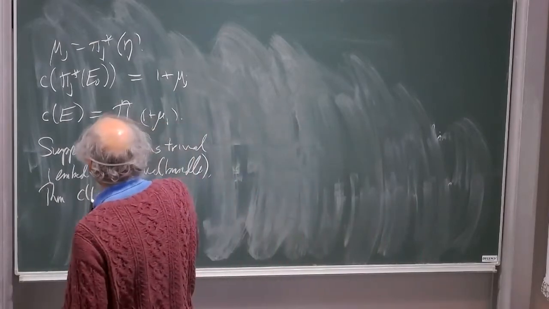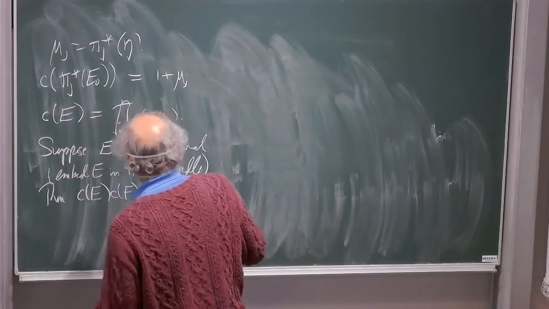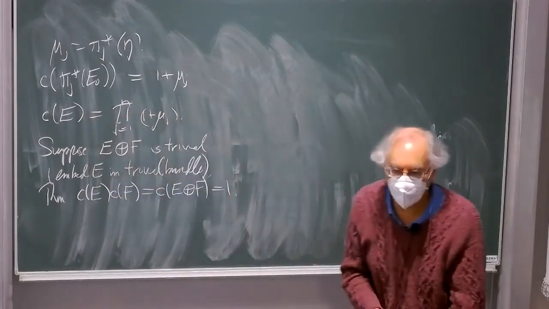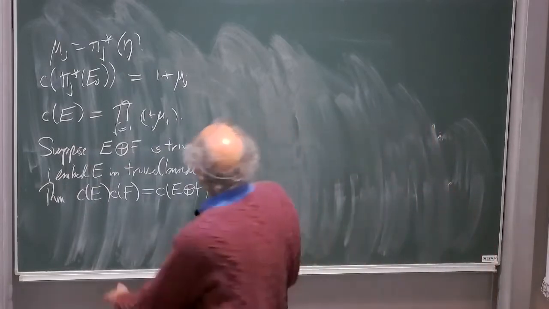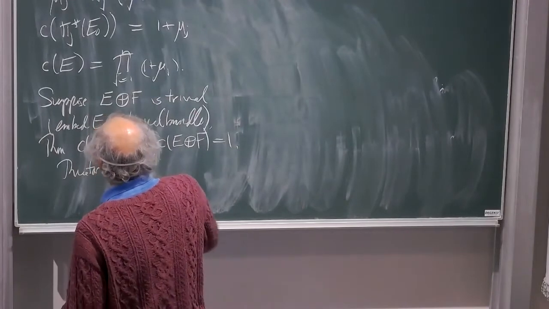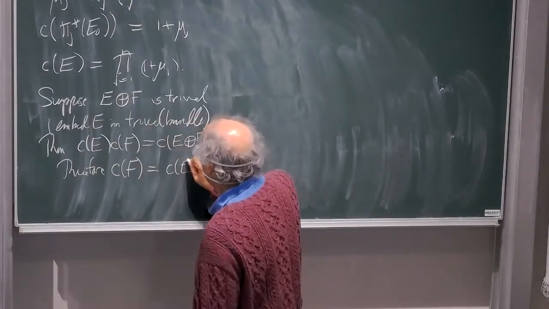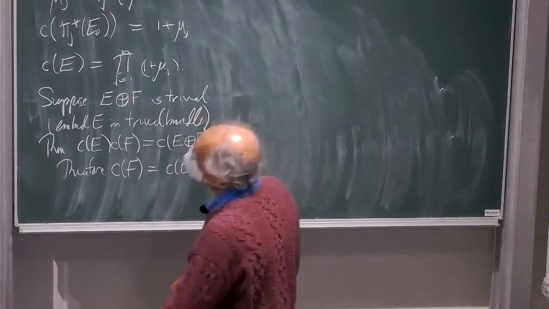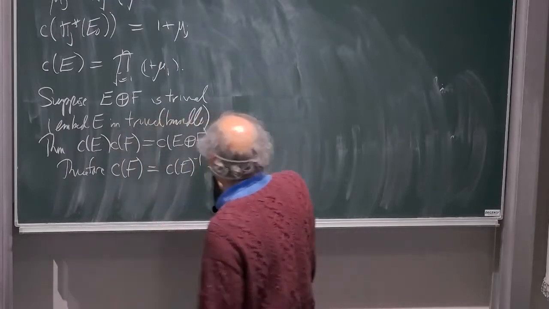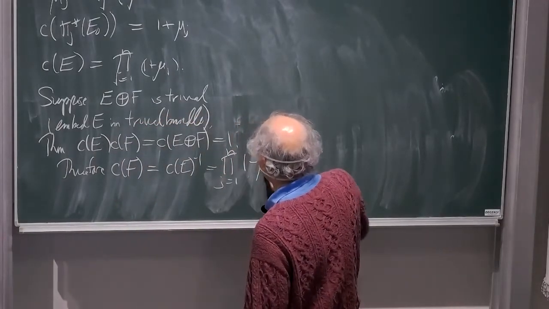So C of E times C of F is C of E direct sum F, which equals 1. Therefore C of F is C of E inverse. And using this relation, where was it? It's there. This turns out to be the product j equals 1 to n of 1 minus mu j.